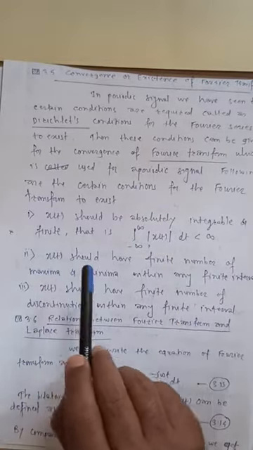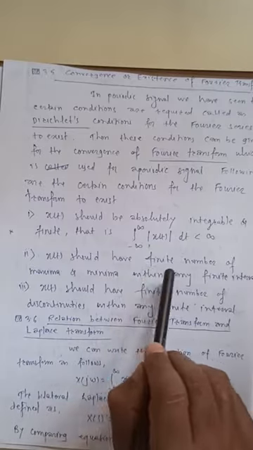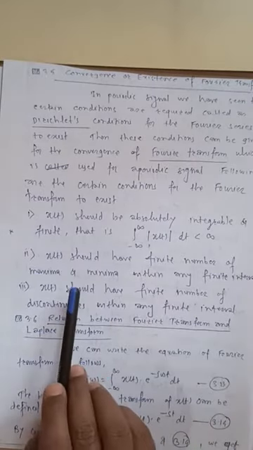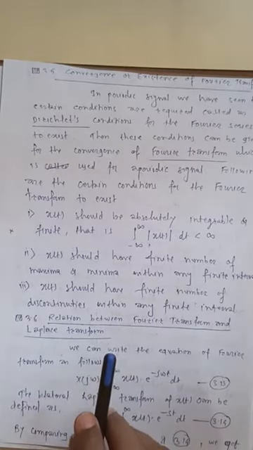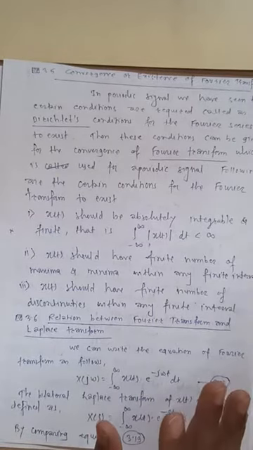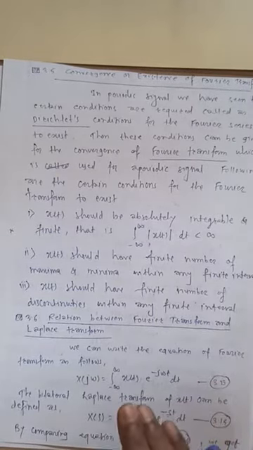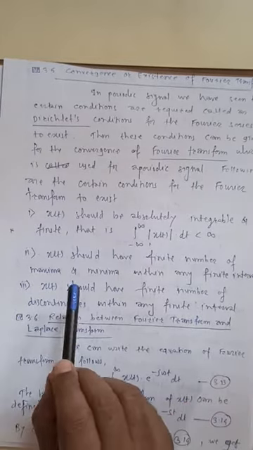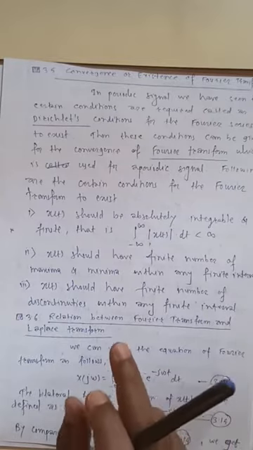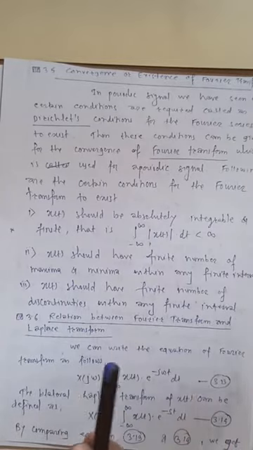The second condition: x(t) should have a finite number of maxima and minima within any finite interval. Maxima means maximum values and minima means minimum values of that signal. So there should be finite values of maxima and minima.